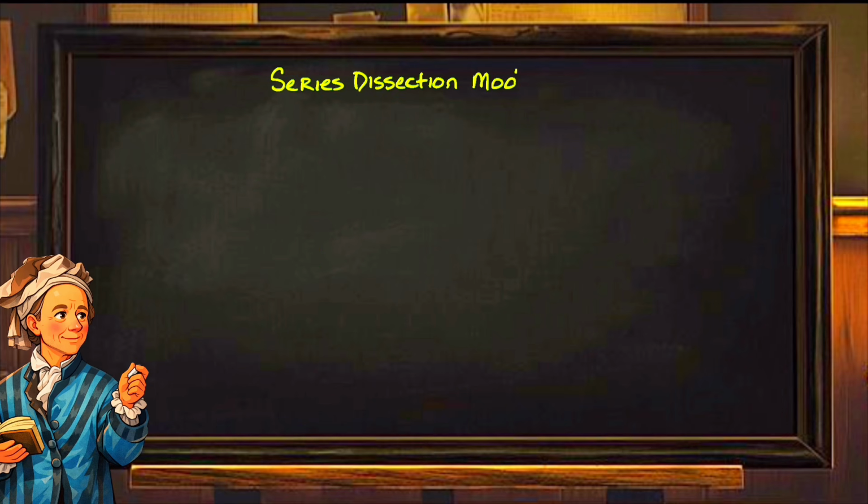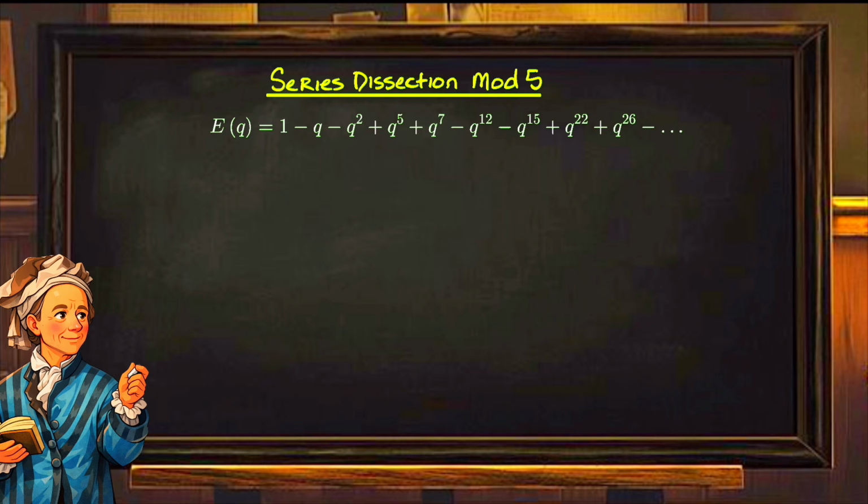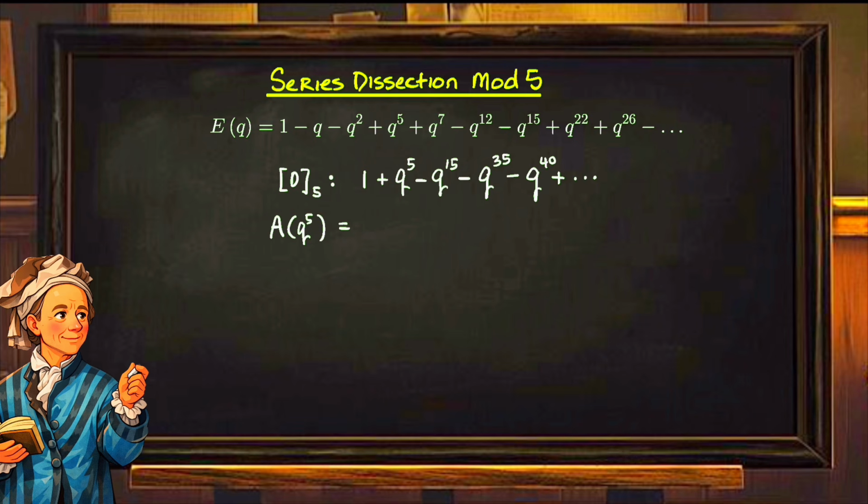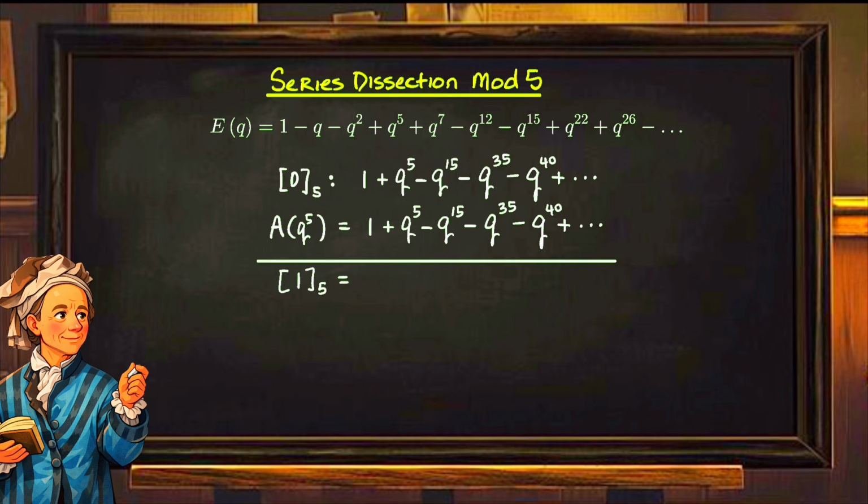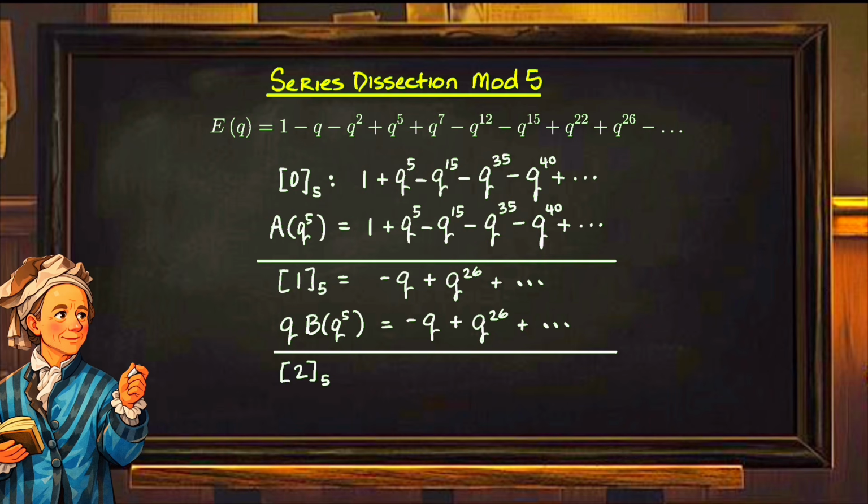So now Euler dissects his product mod 5. He wants to understand what the slicing would do to his series. So separating out the terms in the series by their exponents according to modulo class 5, he deconstructs his series, E of Q, into the following parts.